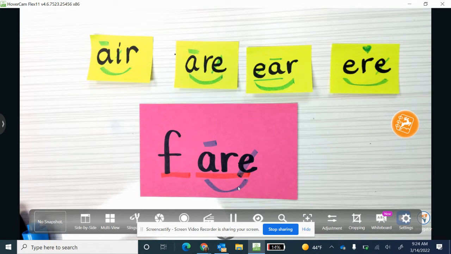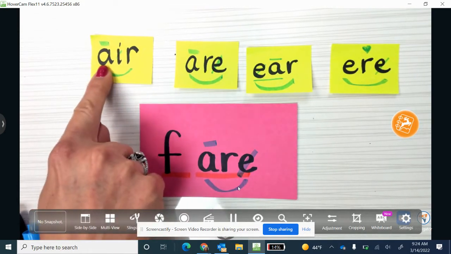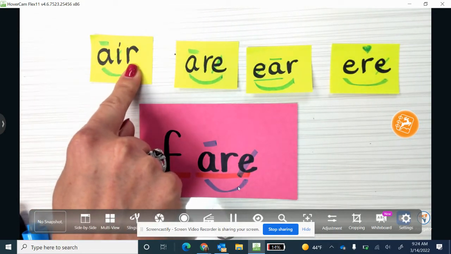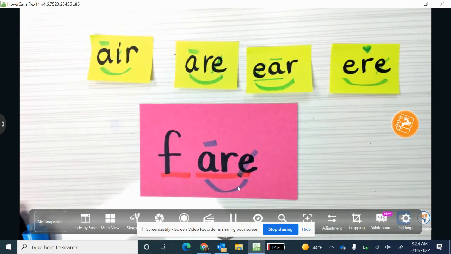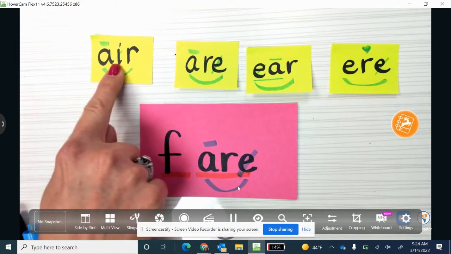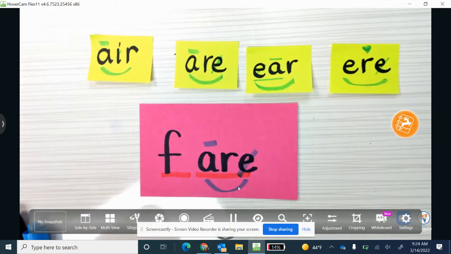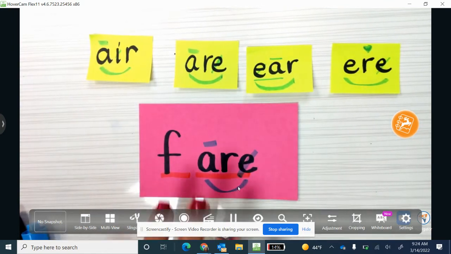If something is not fair, it's not equal. Okay, fair, and that is spelled like this: A-I-R. You can also go to a fair, which is a place where they have games and different things, and that is also spelled A-I-R. And that's a multiple meaning word because they're spelled the same. Okay, fair.